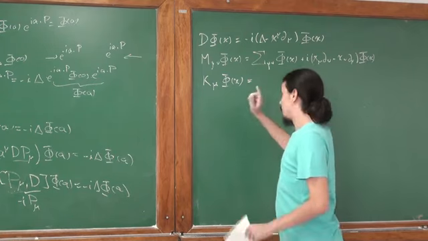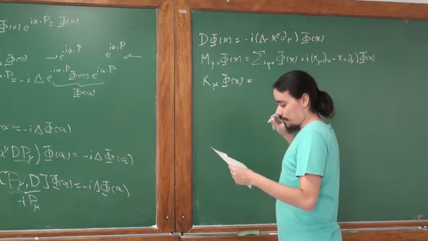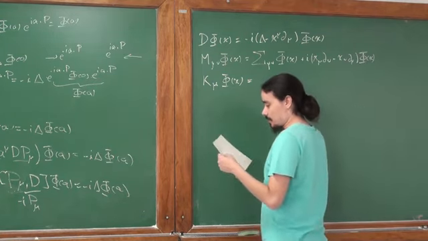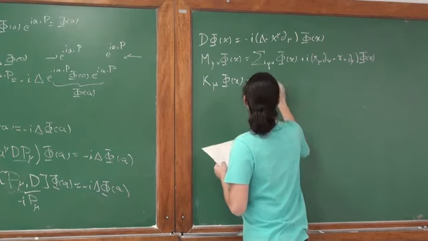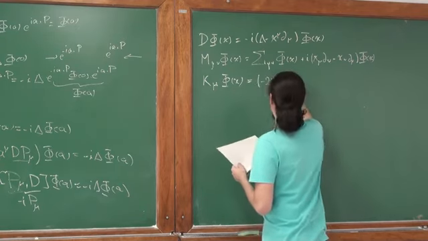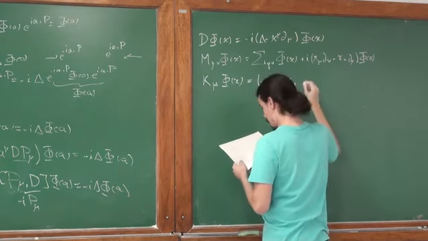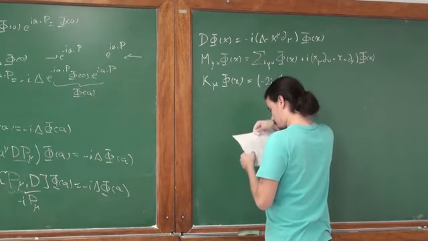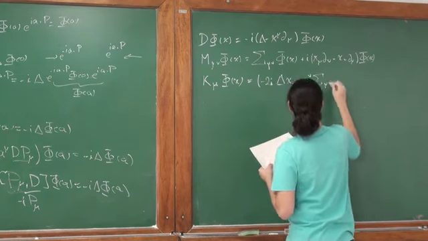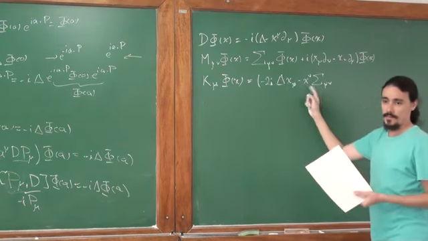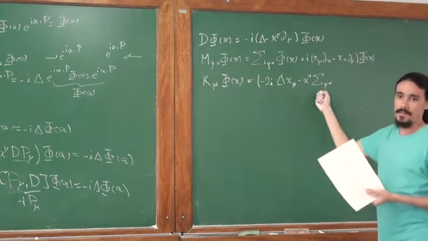And the result for the K mu at a point x is, minus, this is the reason why, because I'm going to commute through the spin part.